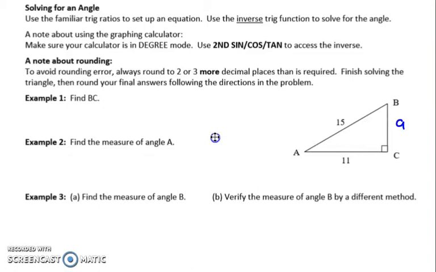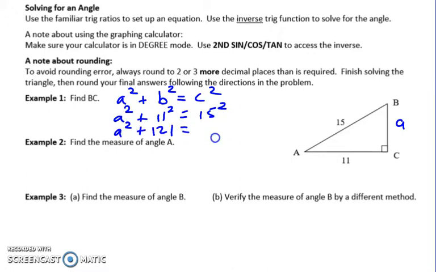Then, knowing the hypotenuse and the other leg, we can use the Pythagorean theorem. So in this case, a squared plus b squared is equal to c squared. So we're looking for a. We know b is 11, so 11 squared, and that's equal to 15 squared. So a squared plus 121 is equal to 225. Subtract 121.